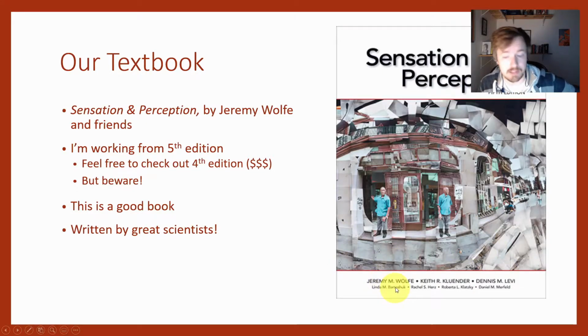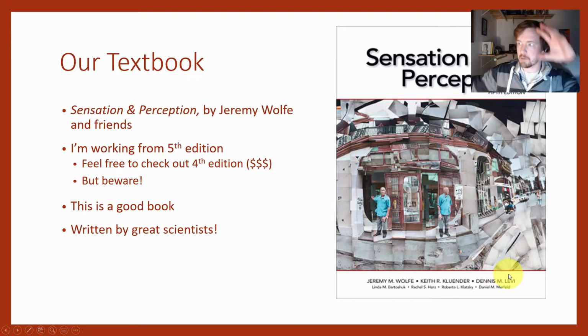You'll see Linda Bartoshuk below his name. She is one of the best researchers for taste, and she wrote the chapter on taste. Rachel Herz is very good with smell, and so she wrote the chapter on smell. It's really cool that these preeminent authors in their fields submitted these chapters.